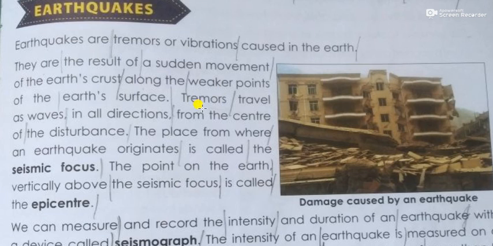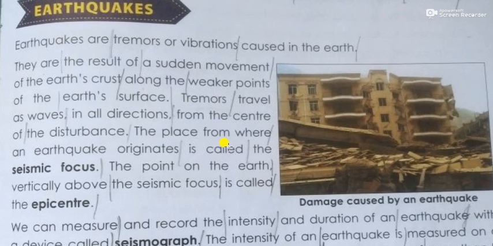Tremors travel as waves in all directions from the center of the disturbance. The place from where the earthquake originates is called the seismic focus. The point on the earth vertically above the seismic focus is called the epicenter.